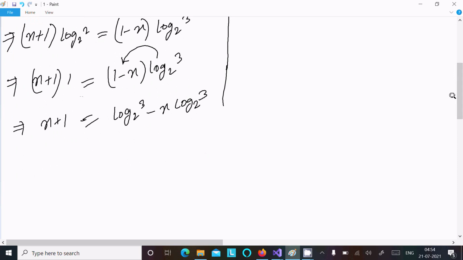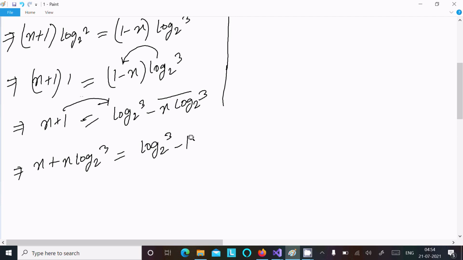Thereafter, I am putting the x parts in one place. So here this is x and this is positive x log base 2 of 3, and this one is log base 2 of 3, moving to the right, so you get minus 1.